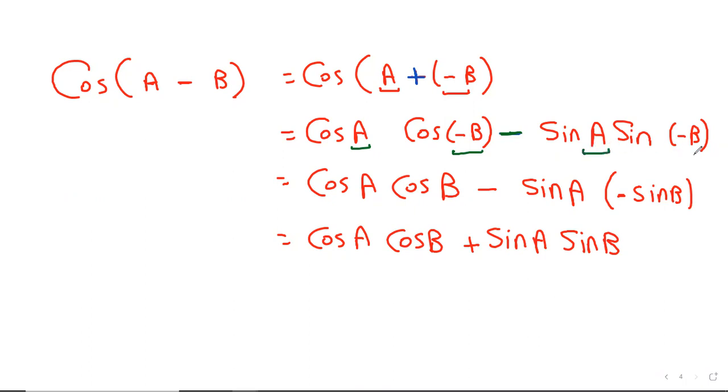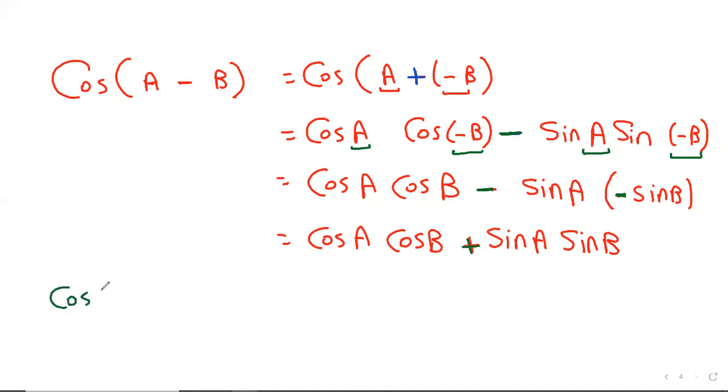Sine first, sine second. Cosine negative B, the cosine cancels the negative, so it's cosine B. And sine negative B is equal to negative sine B. Then multiply negative by negative, so it's a positive.